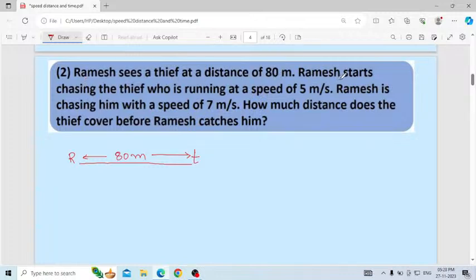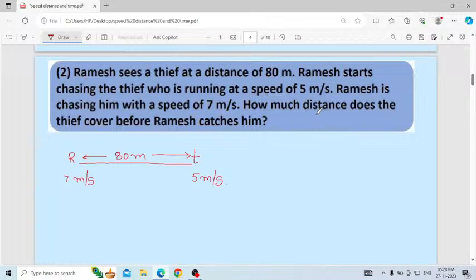Ramesh starts chasing the thief who is running at a speed of 5 meter per second. This thief is running with the speed of 5 meter per second. Then Ramesh is chasing him with a speed of 7 meter per second.